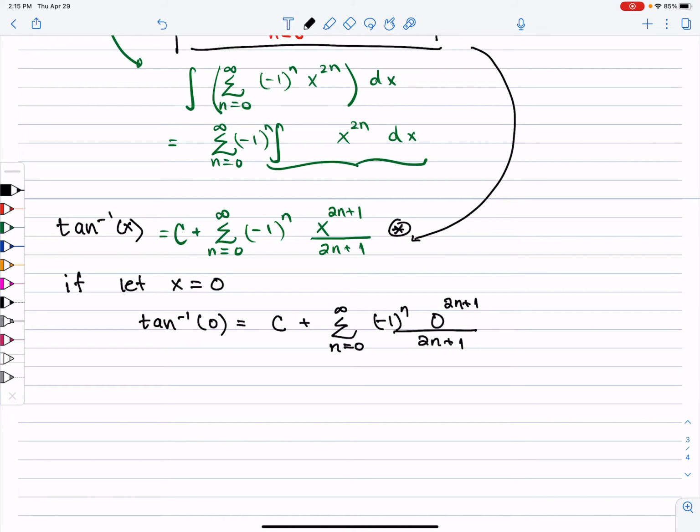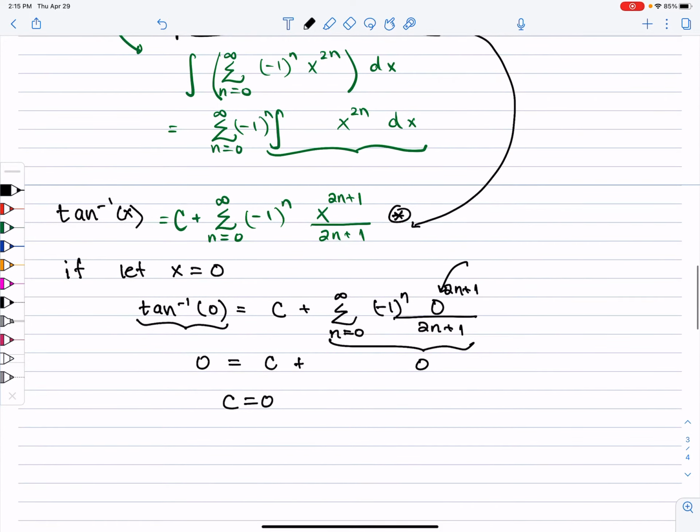Well, when you're adding 0 as n goes from 0 to infinity, that's just 0. Tangent inverse of 0 is 0. So you have 0 is equal to c plus 0, which means c is equal to 0.